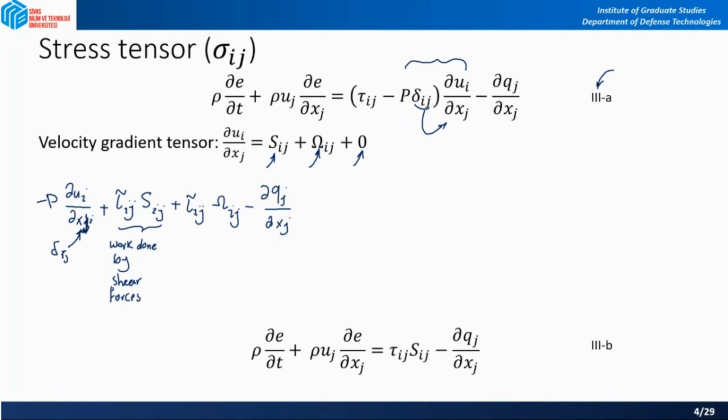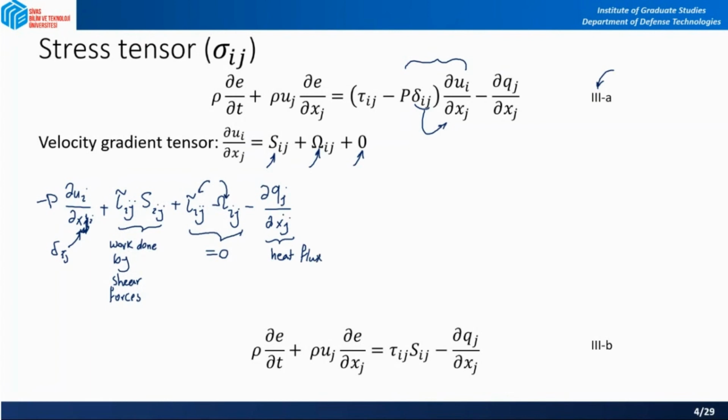Again, you have the symmetric tensor tau ij times pure rotation, which is an antisymmetric tensor. As an exercise, show that the multiplication of a symmetric tensor like tau ij by an antisymmetric tensor will be zero. And this last part is your heat flux.